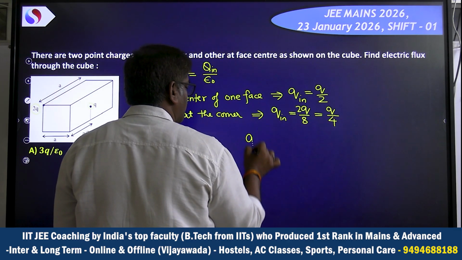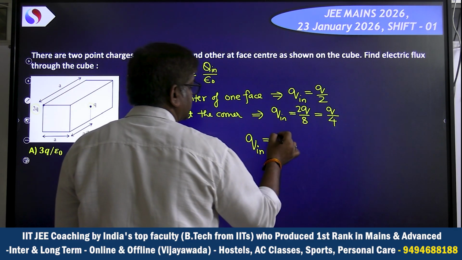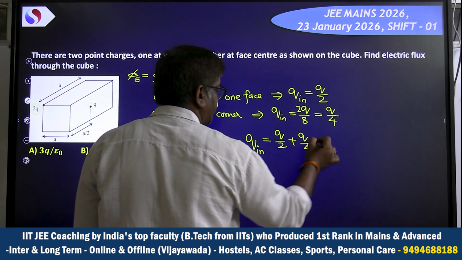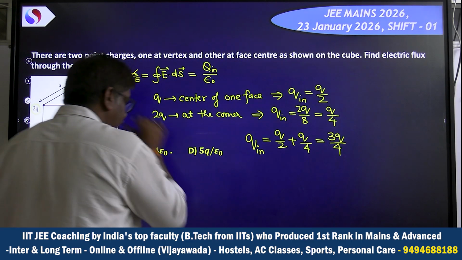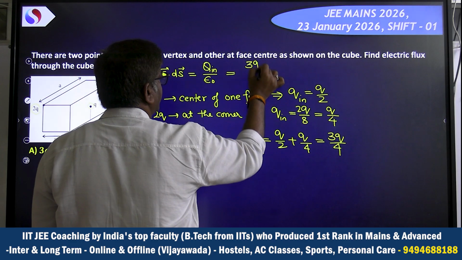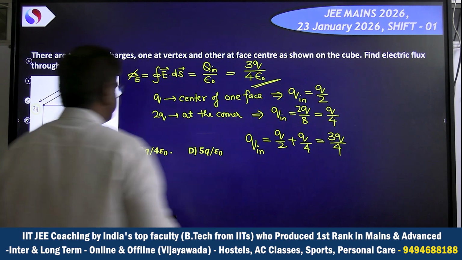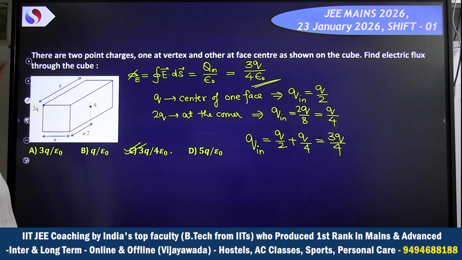That means the total contribution of these charges for the cube is Q by 2 plus Q by 4, which is going to be 3Q by 4. So what will be your answer? 3Q by 4 epsilon naught. That will be your flux. Option C. Alright? Easy question.